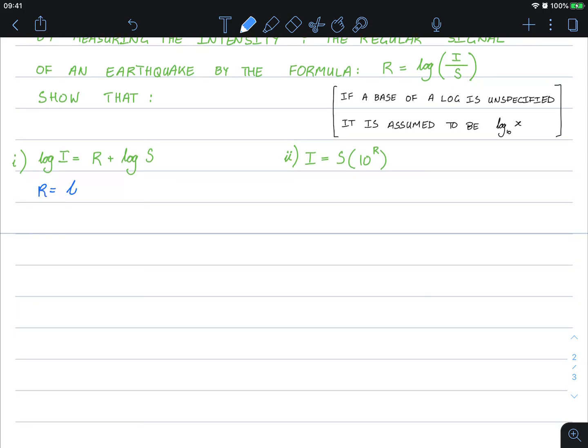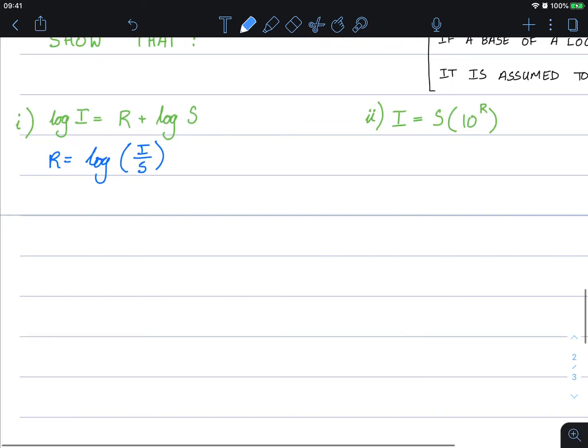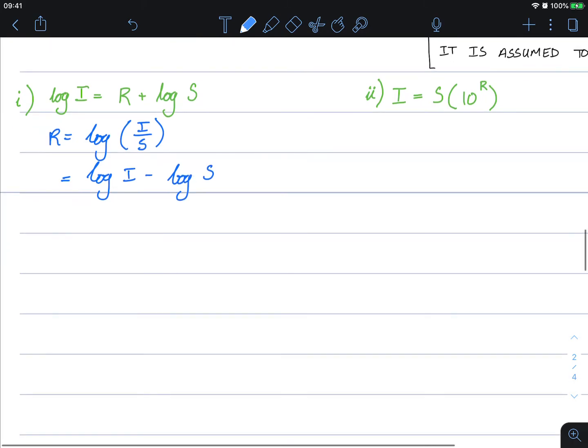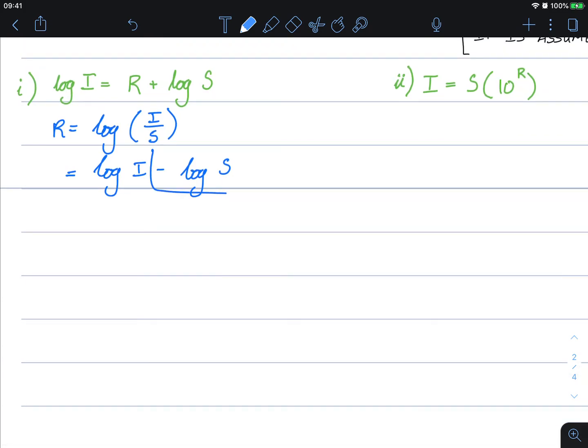R is equal to log of I over S. We can rearrange this because it's the division of two logs here. This is log of I minus log of S. We can add logs, so I'm going to do plus log of S on both sides.